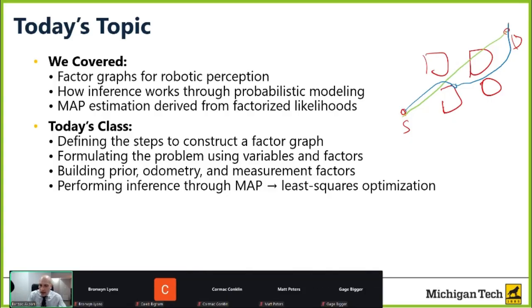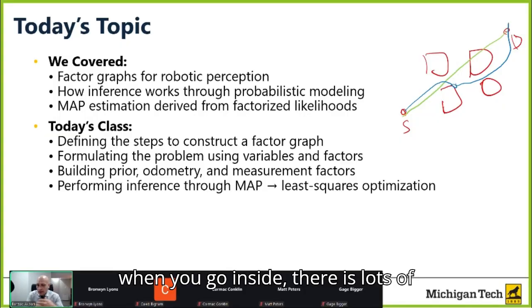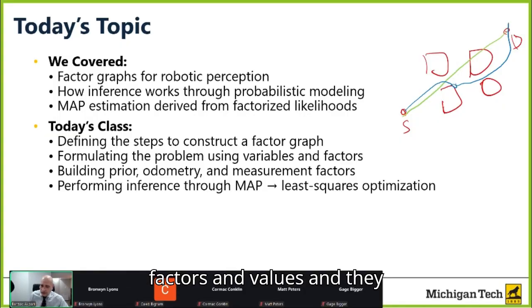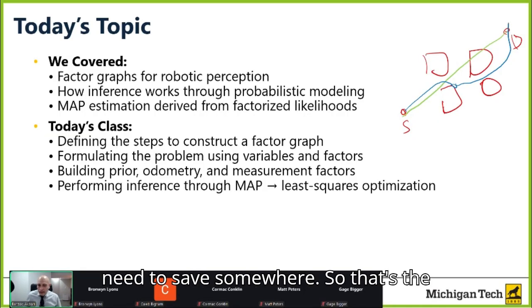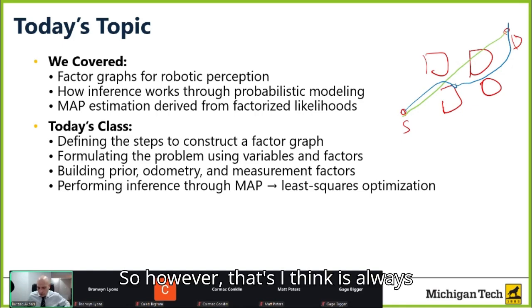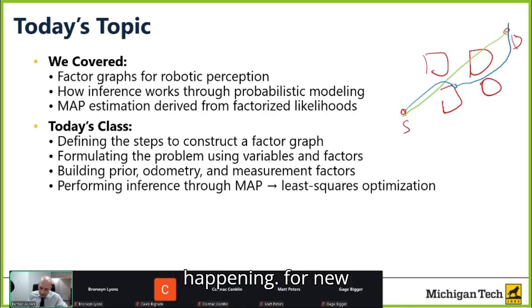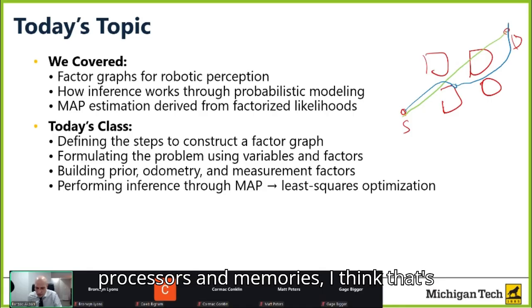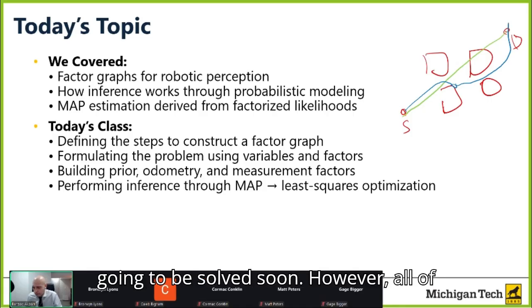There are lots of factors and values, and they need to be saved somewhere. So that's the memory you need to use. I think that's always a problem, but with improvements happening in new processors and memories, I think that's going to be solved soon.